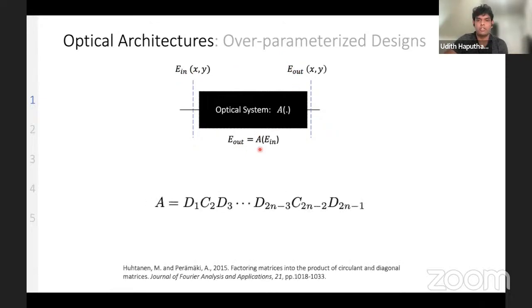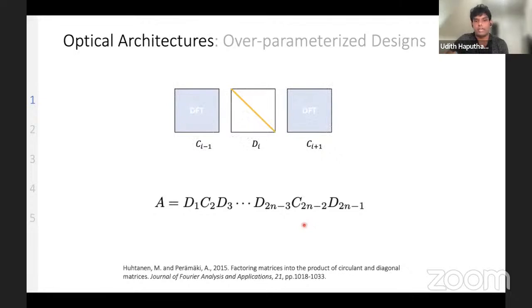This particular work tries to prove that we can decompose any arbitrary linear optical transformation A into a multiplication of diagonal and circulant matrices.